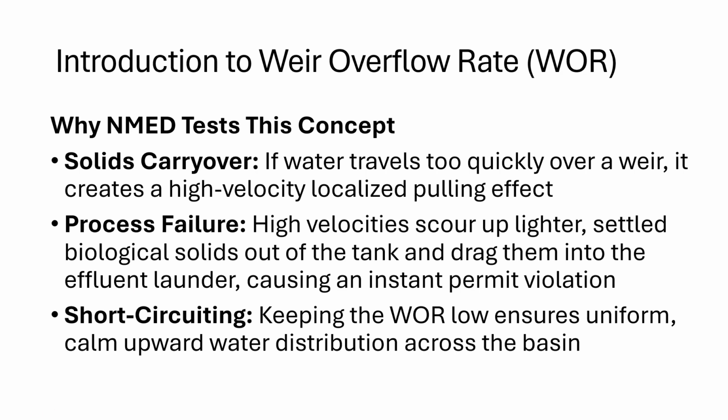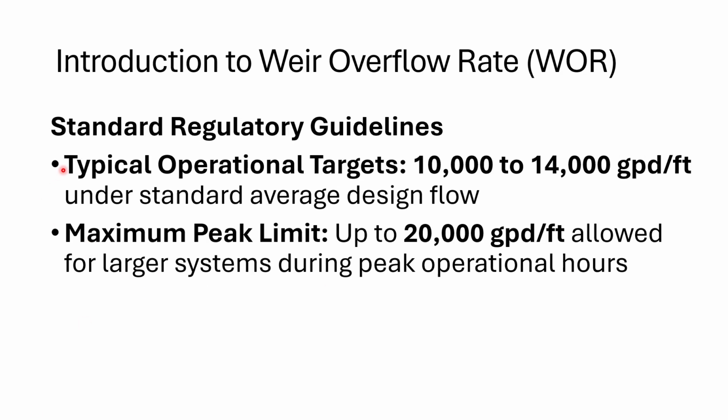And let's go to the next slide here. The regulatory guidelines, what we're shooting for are 10,000 to 14,000 gallons per day, GPD, per foot length of weir. So gallons per day per foot, 10,000 to 14,000 for a standard design flow. The peak, the most you ever want to go is 20,000 gallons per day per foot, and that's for larger systems only during peak hours.